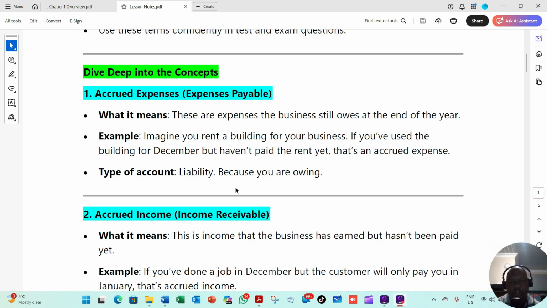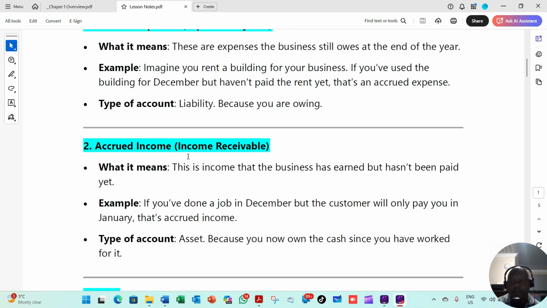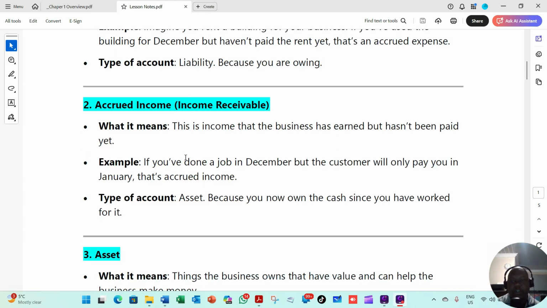So let's move on to the next concept. The next concept is accrued income. We also should know the other names for these concepts, because if they do not say accrued income, they may say income receivable, and you should know that this is synonymous with accrued income.